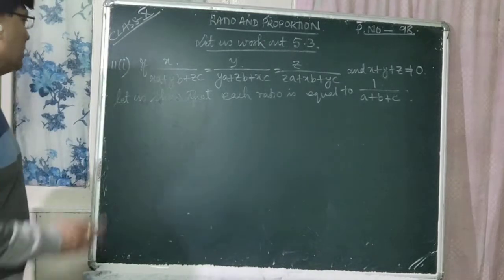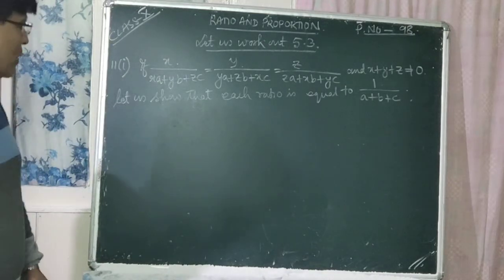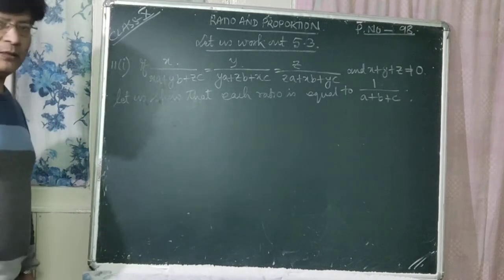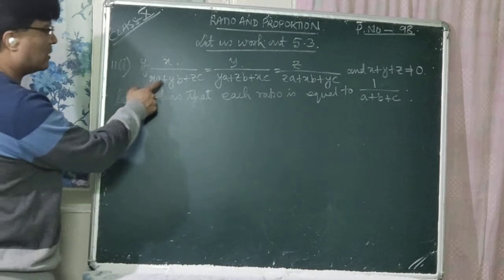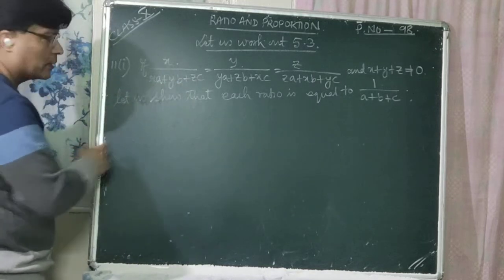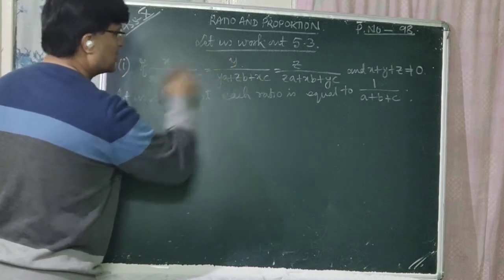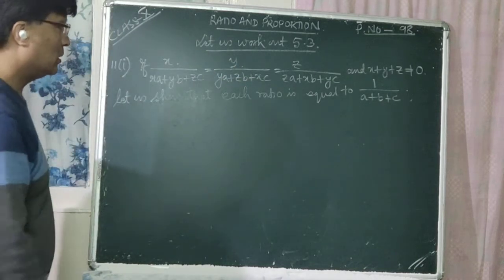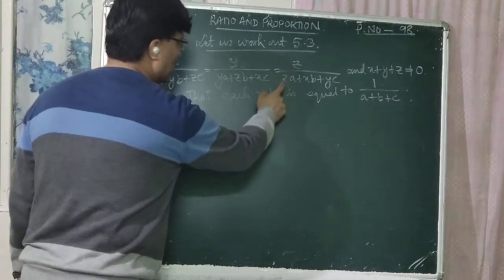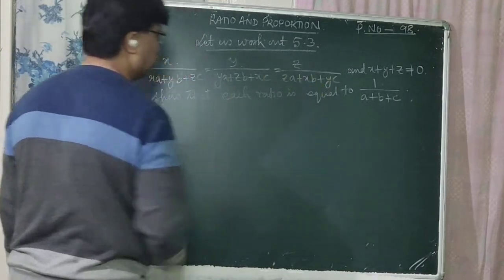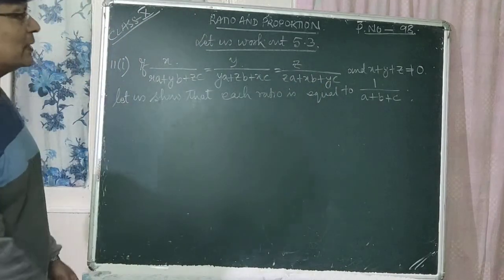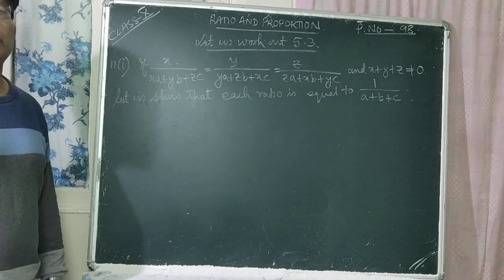So now let's do question number 11.1. So what is given here? If x upon xa plus yb plus zc is equal to y upon ya plus zb plus xc is equal to z upon za plus xb plus yc, and it is given that x plus y plus z is not equal to 0.